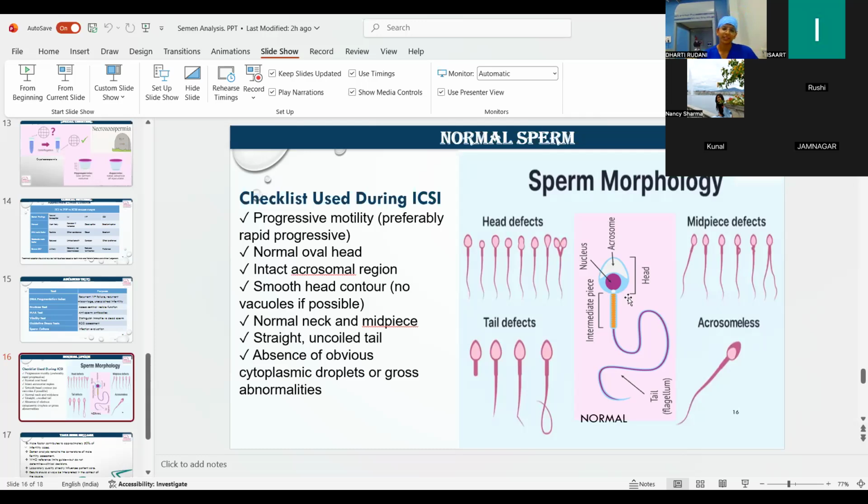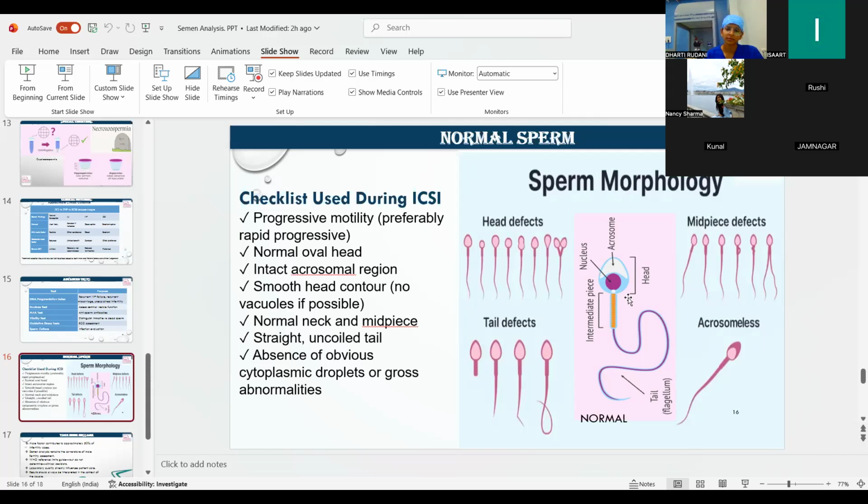Sir, mostly during TESA, this situation comes where we have abnormal morphology and a motile sperm, where we have to choose between an immotile and a motile sperm. First of all, we have to choose the motile sperm with a normal head. If we have a normal head, we'll assume that the DNA is mostly protected. So if we have to choose between these three, we'll go with the sperm which has the more normal head at least, and the motility.